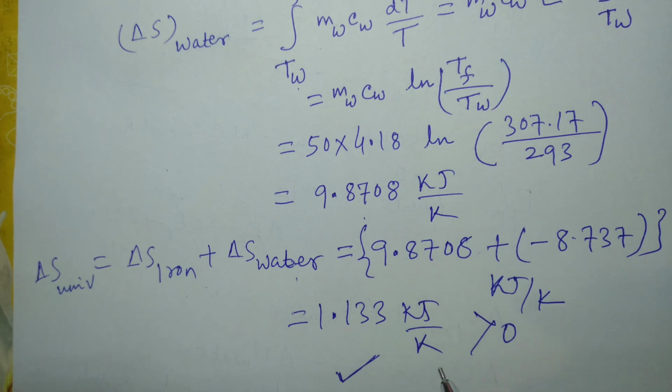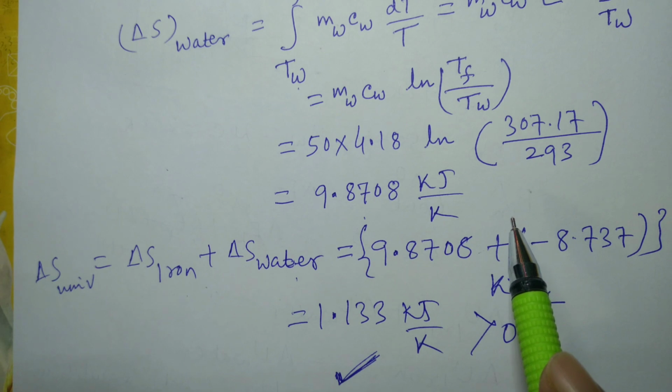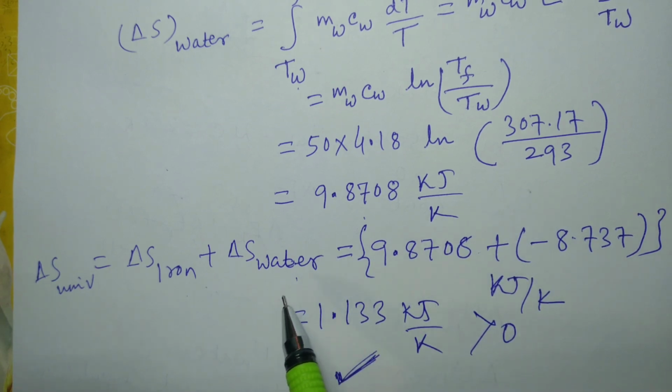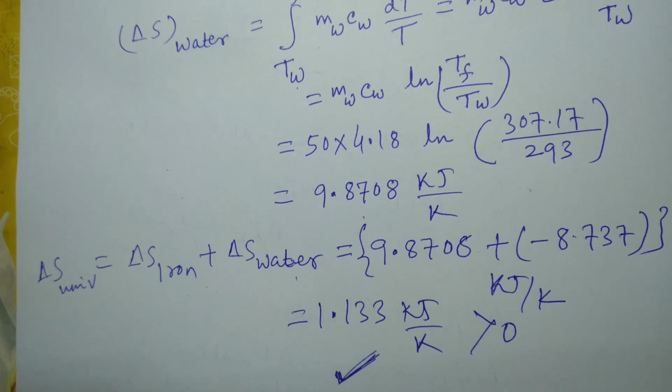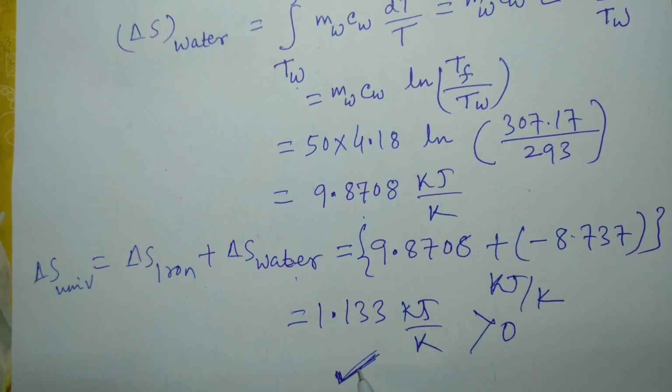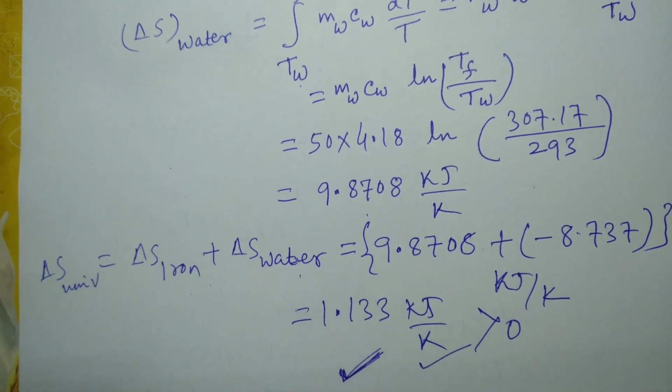We know from the principle of increase of entropy that if delta S universe is greater than 0, it is an irreversible process, and if it is equal to 0, it is a reversible process. And we know that when heat transfer occurs through a finite temperature difference, this is a case of an irreversible process, and here also the heat transfer takes place through a finite temperature difference. So it is obvious that this is an irreversible process.